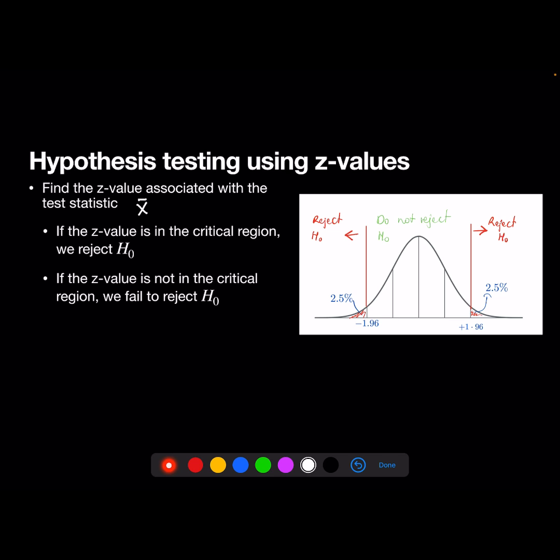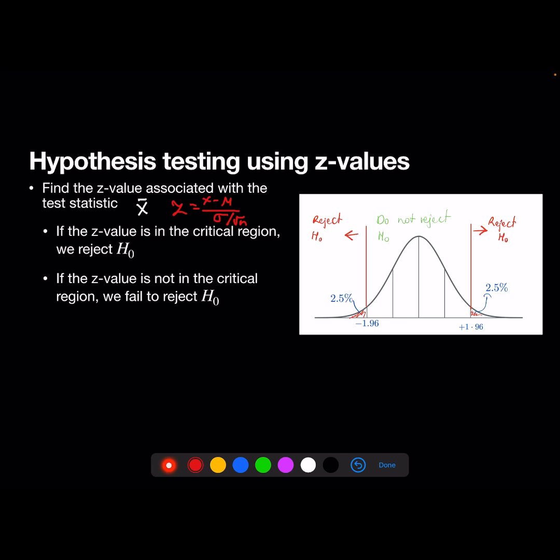So we're given a sample mean, and then using that sample mean, we can find an associated test statistic z, which is equal to x bar minus the known population mean divided by standard deviation over root n, because we are applying the central limit theorem for our calculations over here.